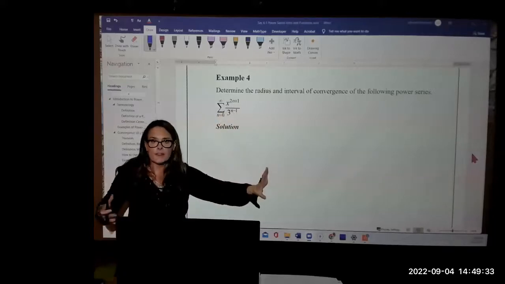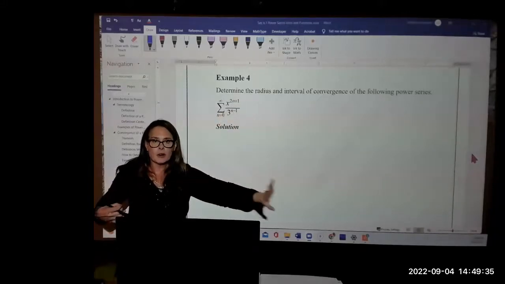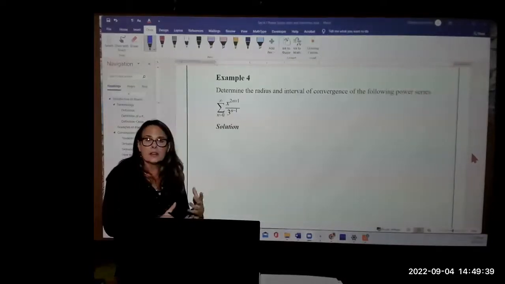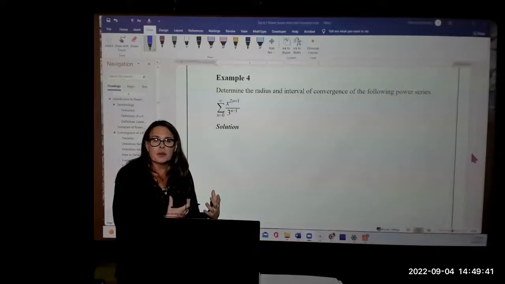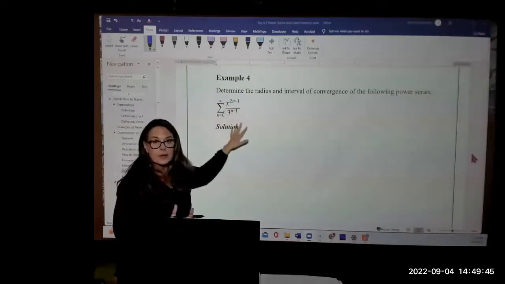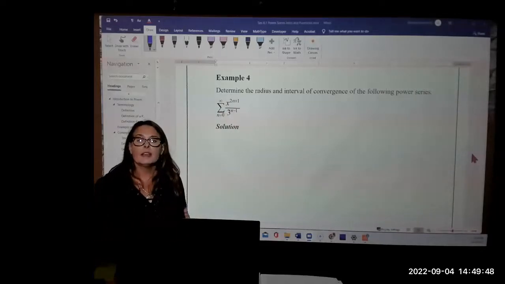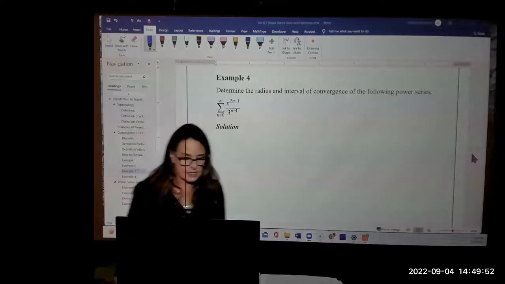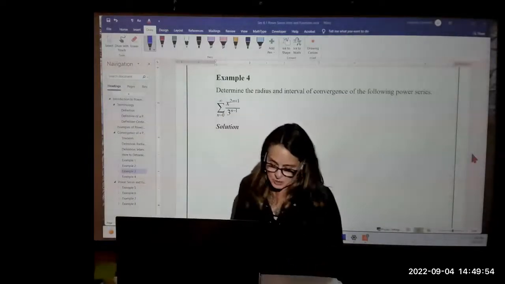Those are way far apart. So there's not going to be a way to write it where you have a common ratio not dependent on n. It's not going to happen. In which case, we can't write this one in strictly geometric form. So we're going to have to apply the ratio test.